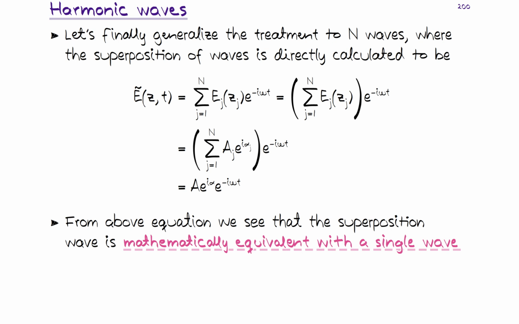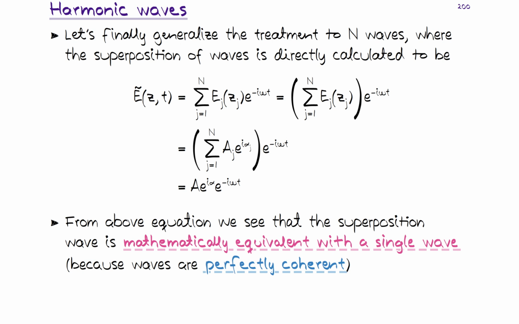And mathematically this is the case, and if it's mathematically the case, also physically, this would be the reality. So when we are summing n waves, we are really seeing that the superposition wave looks like a single wave. And how come this is the case is that essentially we are assuming here that we have perfect coherence in our system.